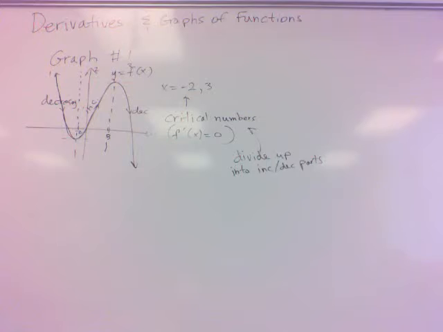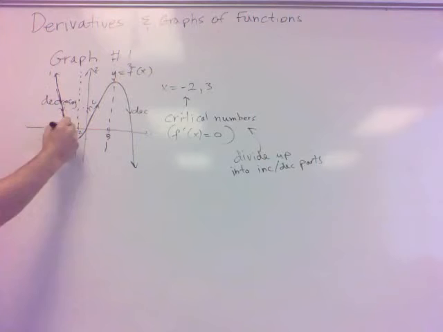Now, the other thing to tie in here is the decreasing and the derivative. What's true about the derivative on the decreasing part? Have we mentioned that yet? I don't think so. Now we are, though. What's the derivative on this decreasing part? Well, derivatives are slopes of tangents.